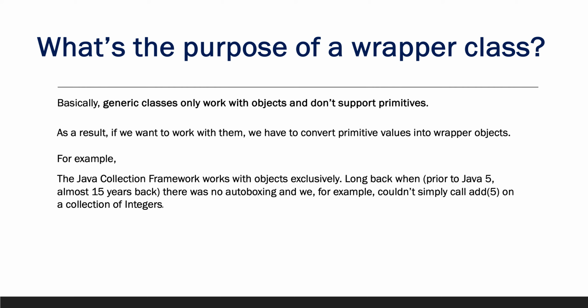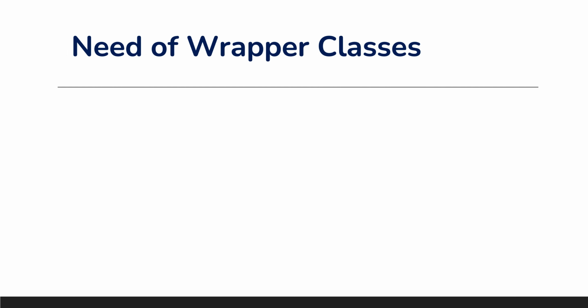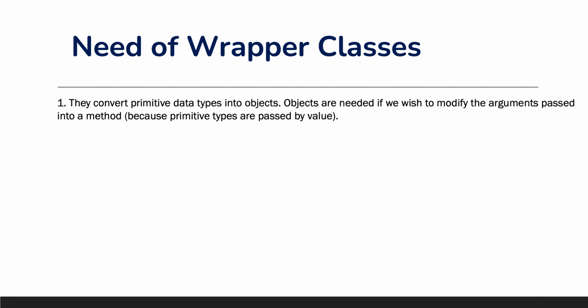We will also see what a collection is in upcoming videos, but just think that we have a collection concept in Java which is very powerful and widely used. But before Java 5, there was no concept to store primitive types into the collections. Those collections work only with objects. So at that time, primitive values needed to be manually converted to the corresponding wrapper classes and stored in the collection. So let's see the actual needs of the wrapper classes.